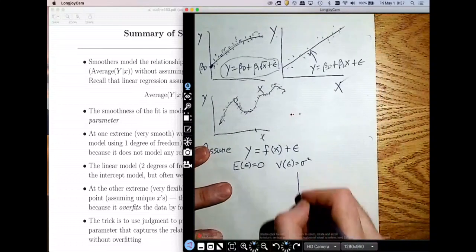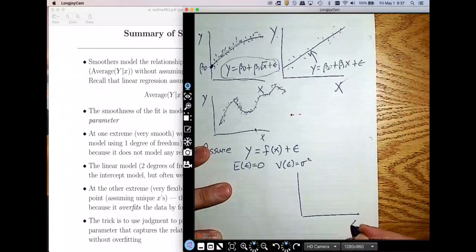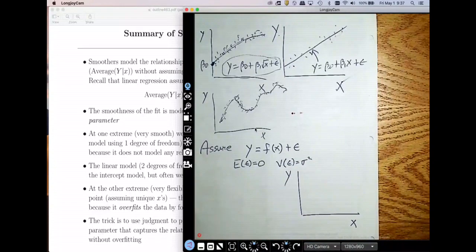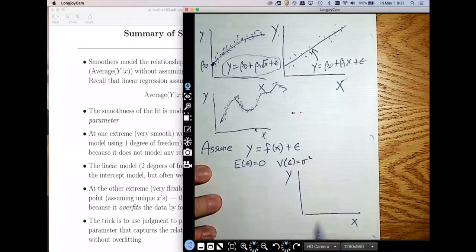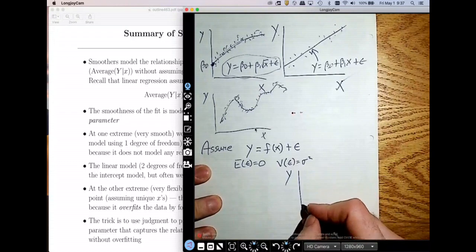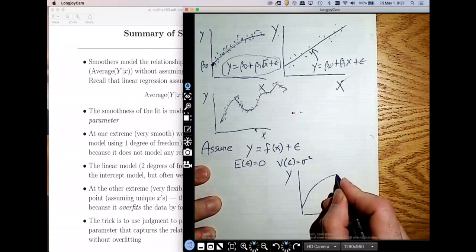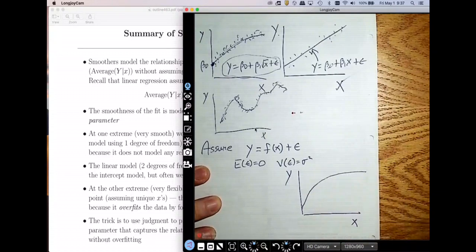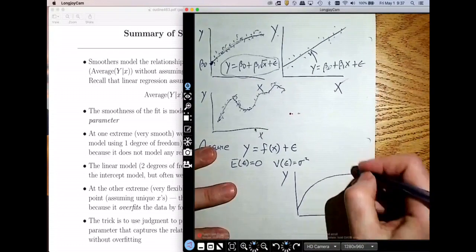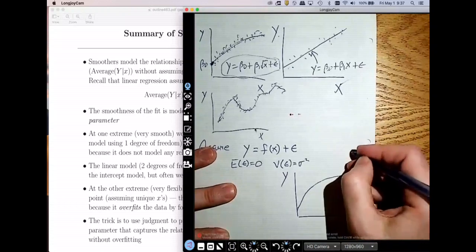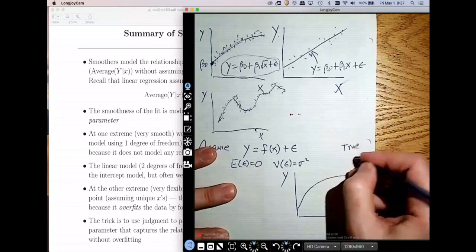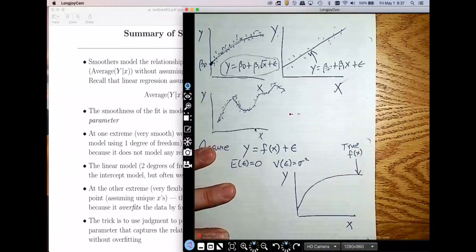And so let me just draw a little picture of what I have in mind here. If we're going to generate data from this model, I need an f. So let's just say here is my f. And let's give ourselves a bit of nonlinearity, make this a little bit interesting. And so this is my true f. So let's just write true f at x.